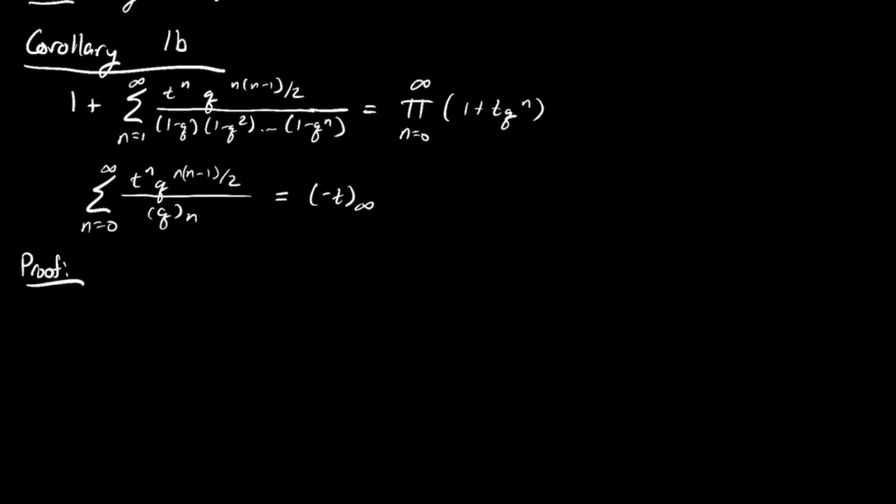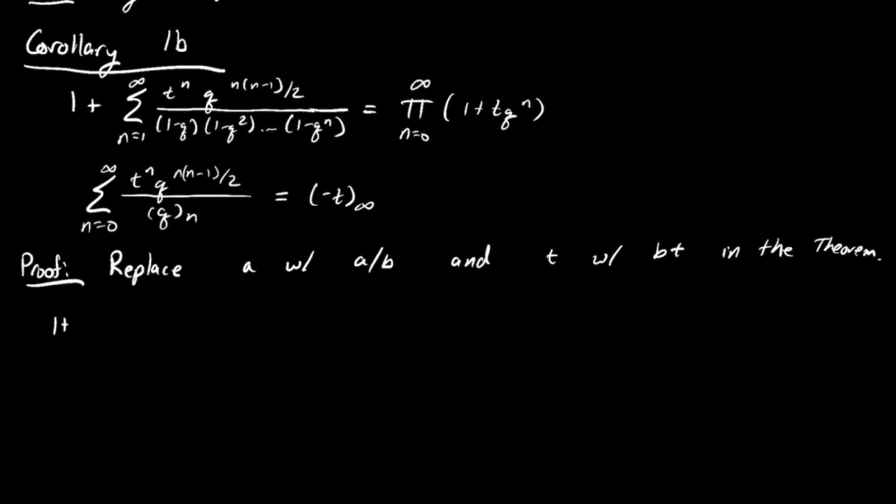Well, the first thing we're going to do is look at our theorem, and we're going to replace a by a over b and t by bt. So we're going to replace a with a over b and t with bt in the theorem. Okay, so when we do that, what does our theorem become?